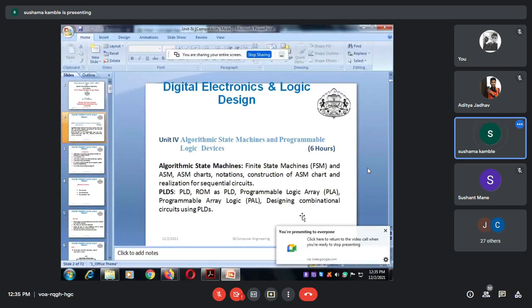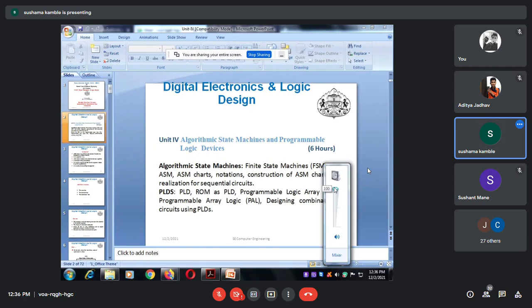Yes. Actually, this unit and the further unit are also theoretical ones. We'll conduct it fast. I'll try to cover the points. Today we'll finish the ASM charts and FSM.